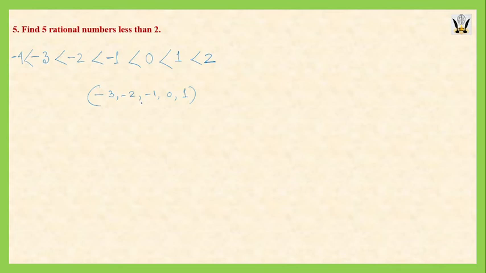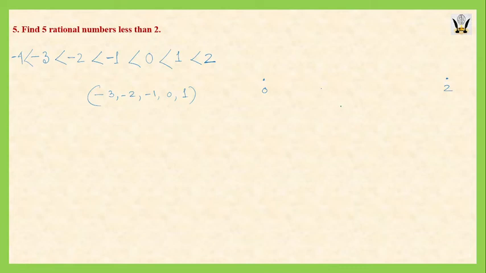Now suppose the problem is framed this way, that find 5 rational numbers which are between 0 and 2. So they are less than 2 and they are more than 0. So in that case we are told what the two boundary values are, 0 and 2. So between these two values we will be finding 5 more rational numbers. Again we know that between two rational numbers there could be infinite number of rational numbers.